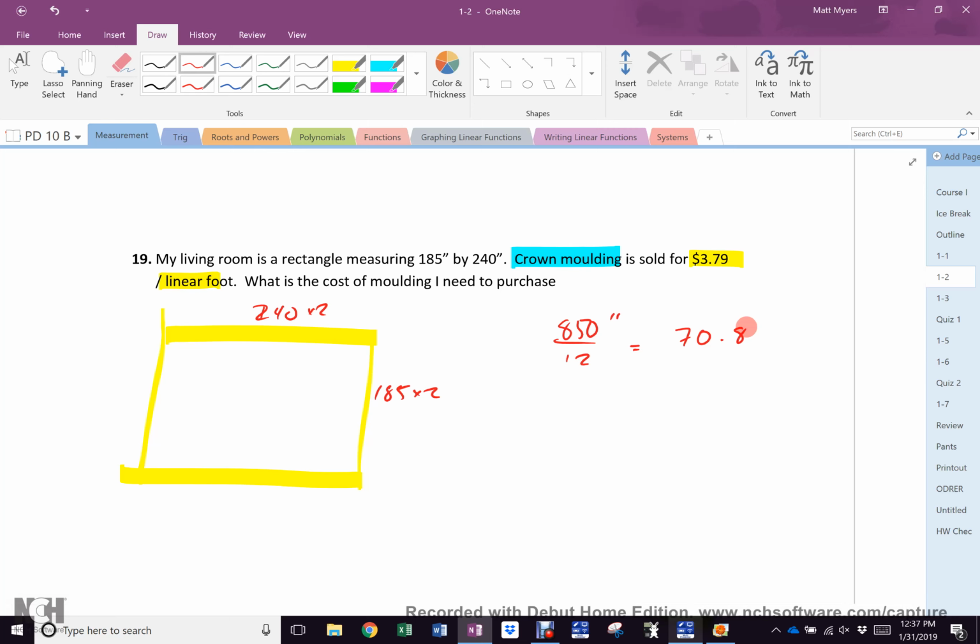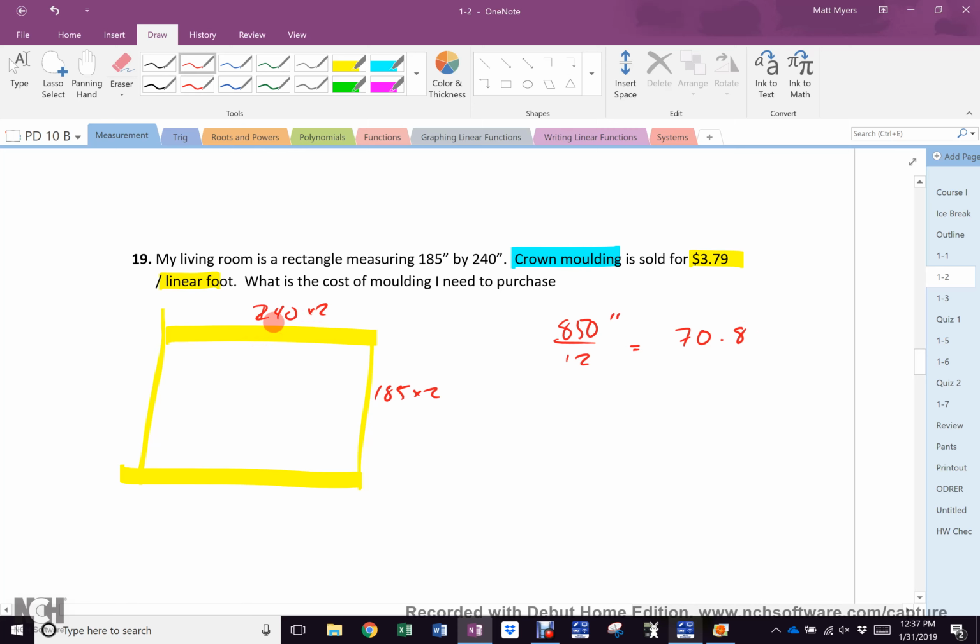If you had to buy this much crown molding for this room, would you go to Home Depot and say, dude, I need 71 feet of crown molding? You can't say 70. You have to say at least 71. Would you get only 71? You would need extra. Why?